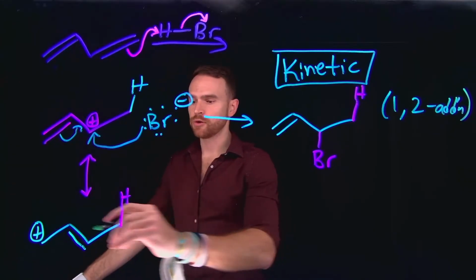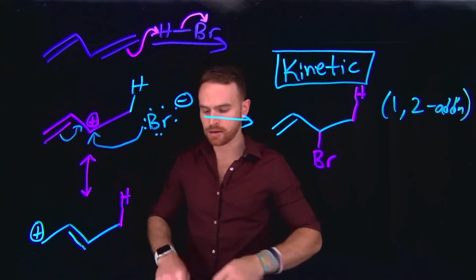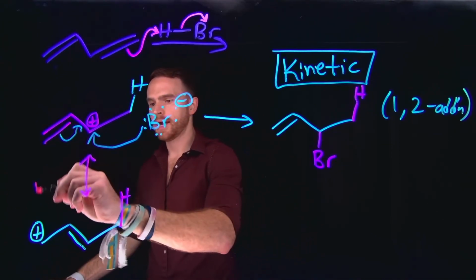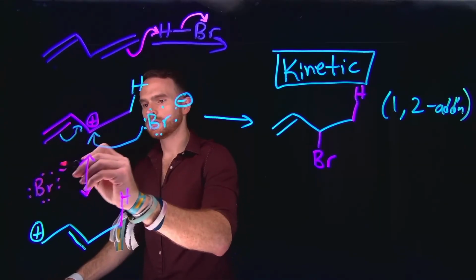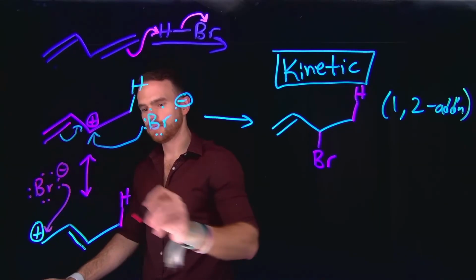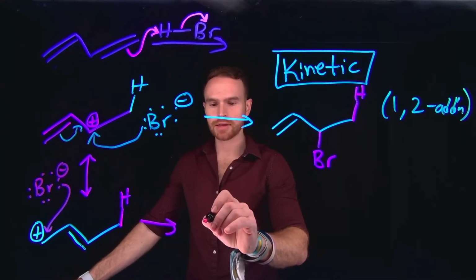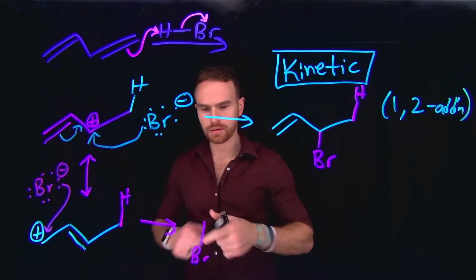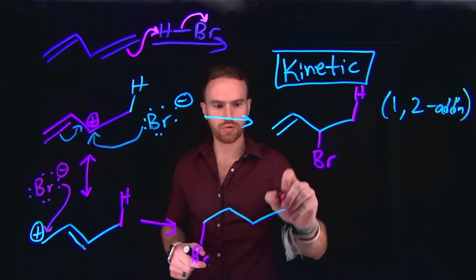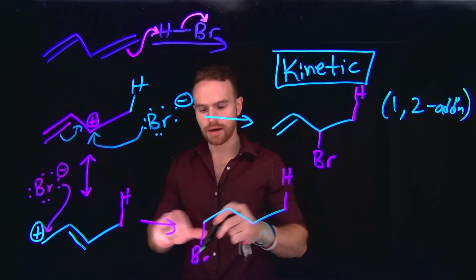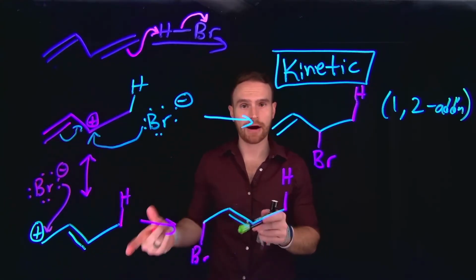Now, let's consider what might happen with this resonance structure, where we still have our bromide, which can come in, and rather than attacking at this position, it will instead add to this terminal carbocation, forming a product that is actually slightly more stable. So in this scenario, we have generated our two new bonds, and we are left with an internal alkene rather than a terminal or at the end alkene.